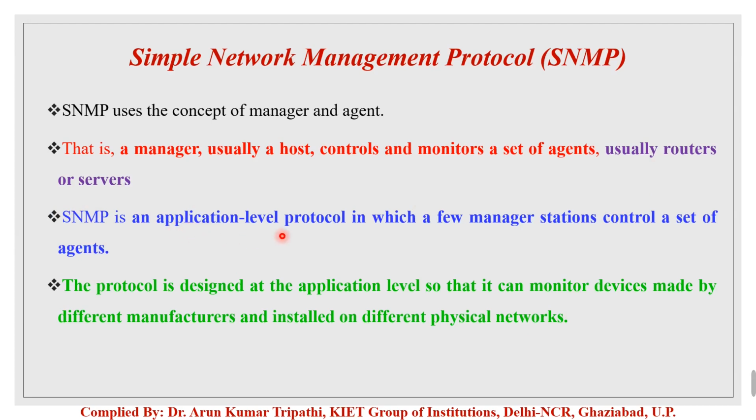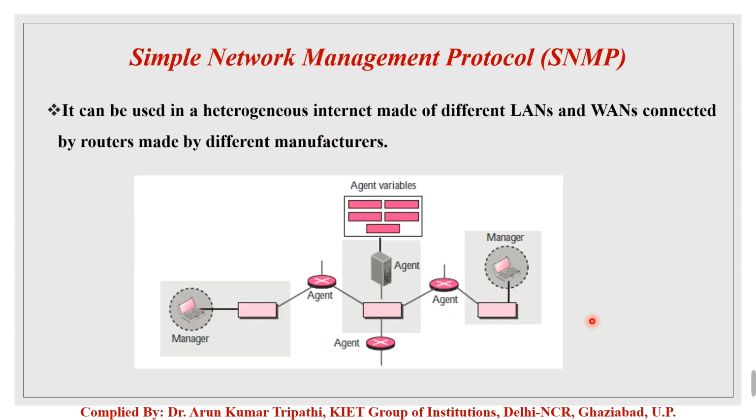SNMP is an application level protocol in which a few manager stations control a set of agents. The protocol is designed at the application level so that it can monitor devices made by different manufacturers and installed at different physical networks. The devices may not be connected directly, meaning they may be in other networks.